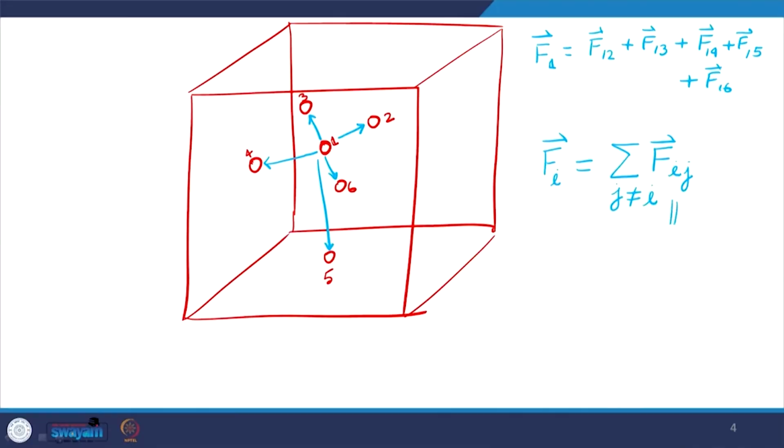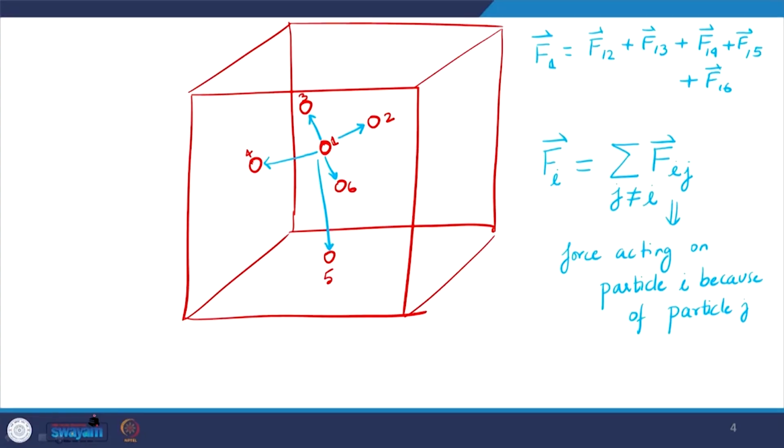So, Fij is the force acting on particle i because of particle j.